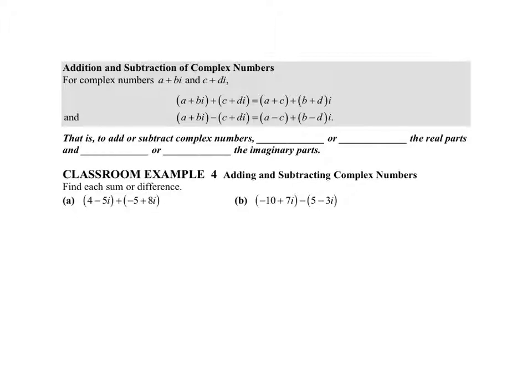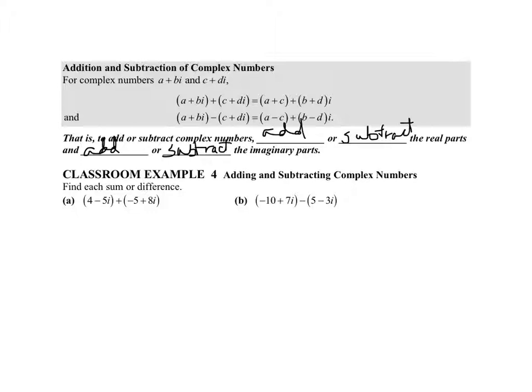And all it says is that if we want to add or subtract complex numbers, then we would add or subtract the real parts. In other words, add a real to a real. And then you would add or subtract the imaginary parts.